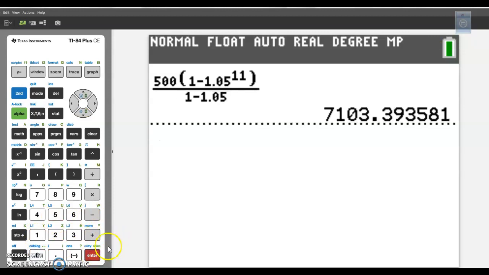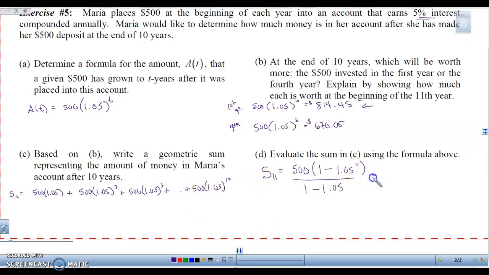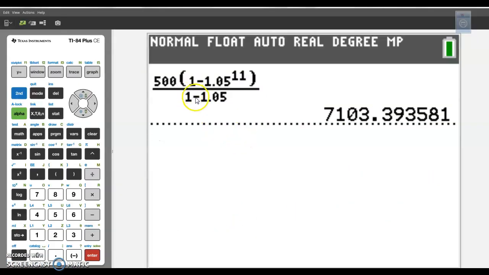Okay, and then we get $7,103.39. So if she started and individually put it in after 10 years, this is how much money she would have in there.